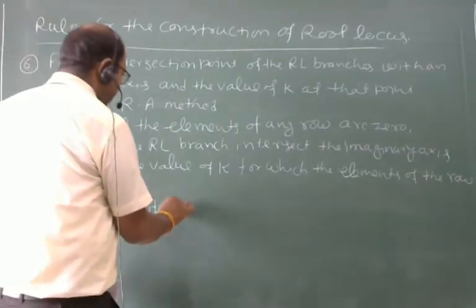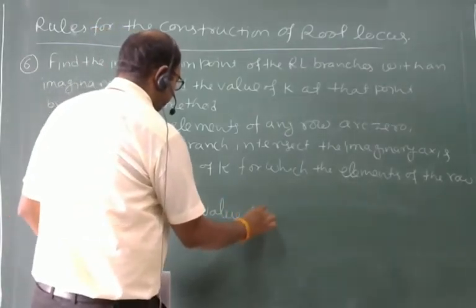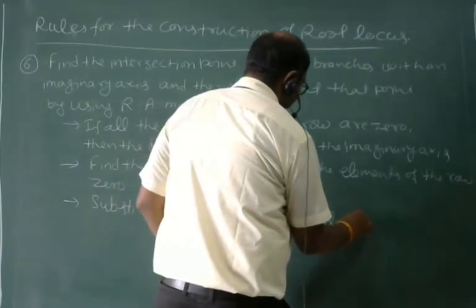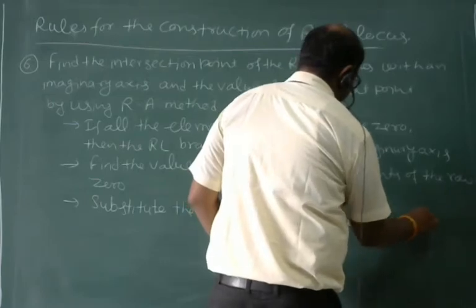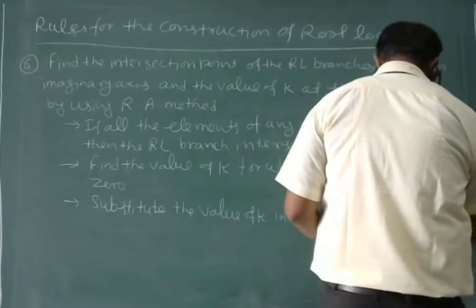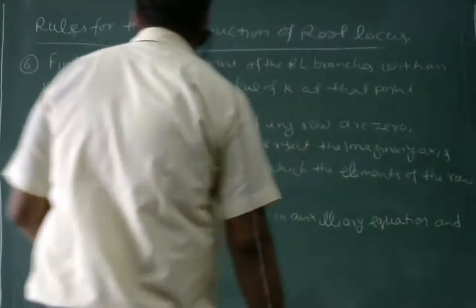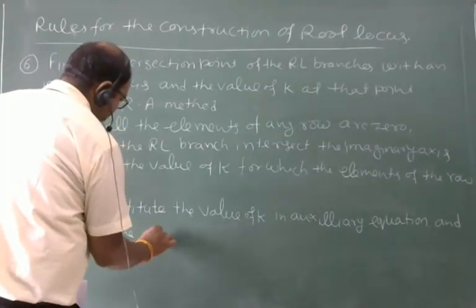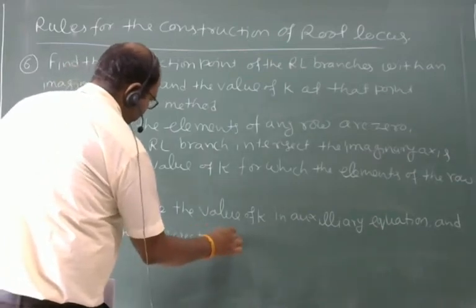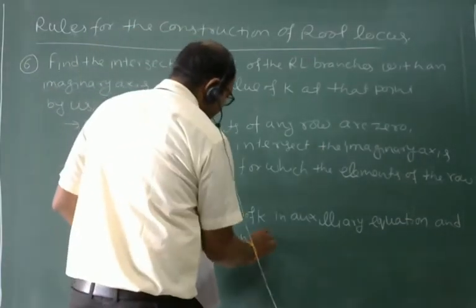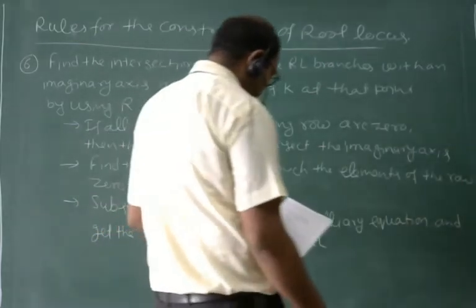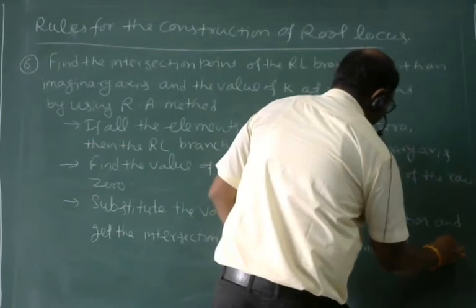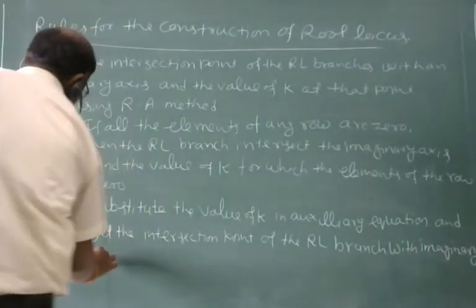Substitute the value of k in the auxiliary equation and get the intersection point of the root locus branch with the imaginary axis.